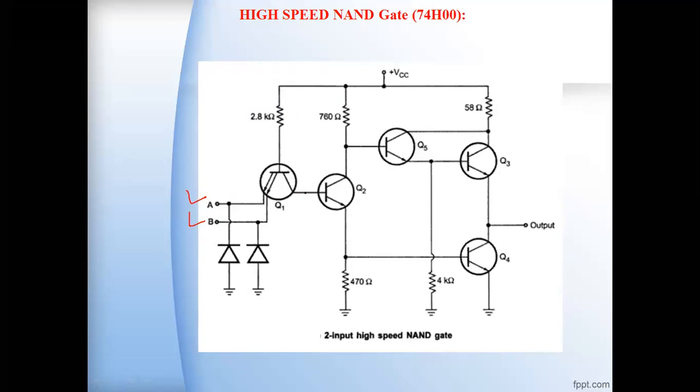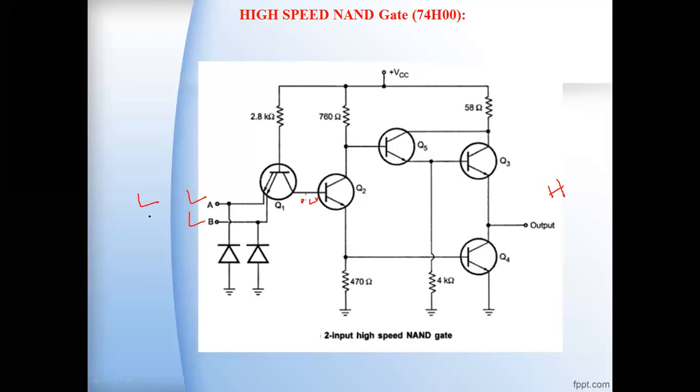So the voltage at the collector of Q1 may be about 0.2 volt. This very low voltage is not sufficient to drive Q2, so Q2 is off. Therefore the output voltage is set to 1 here.